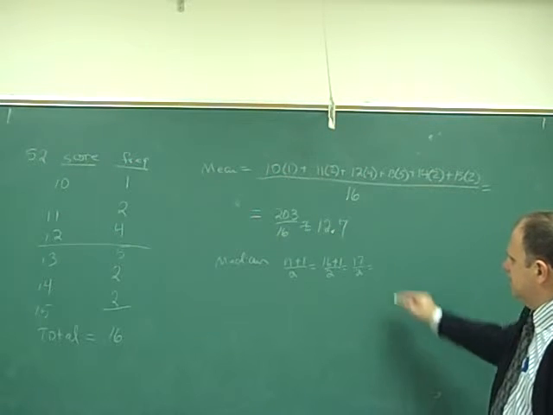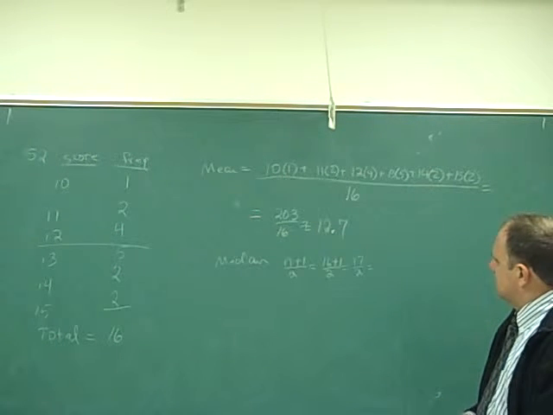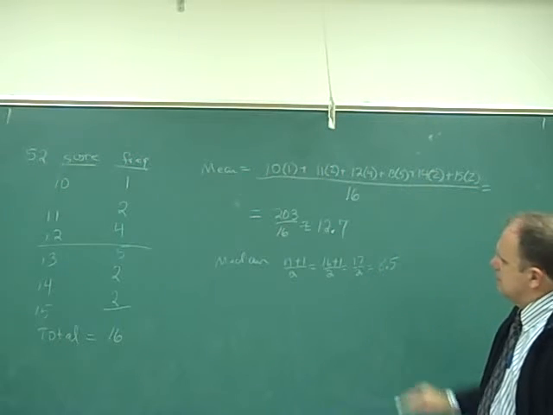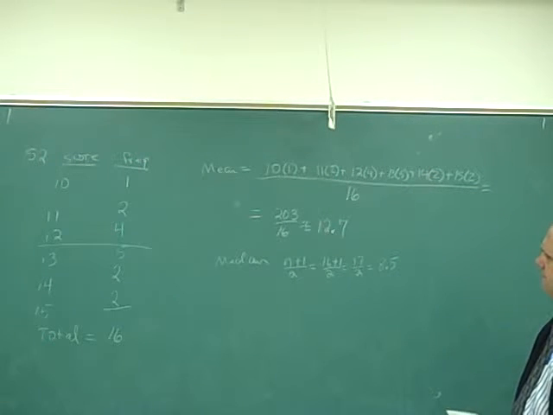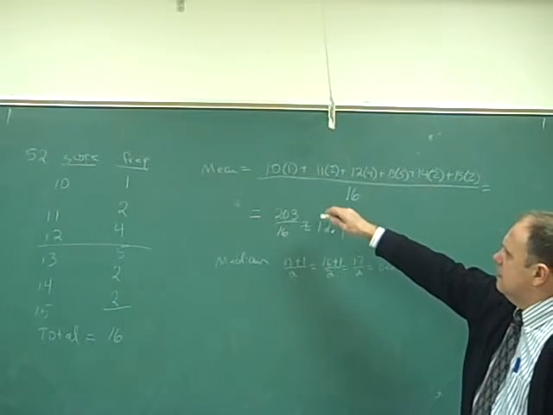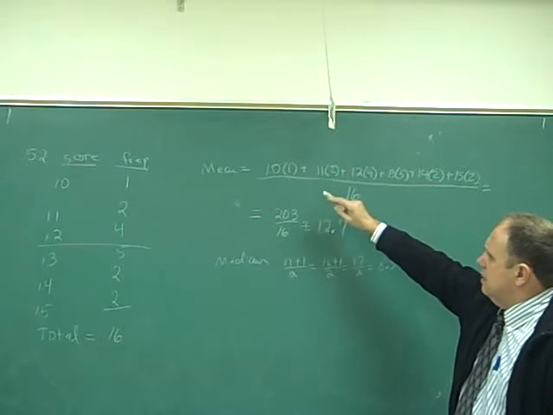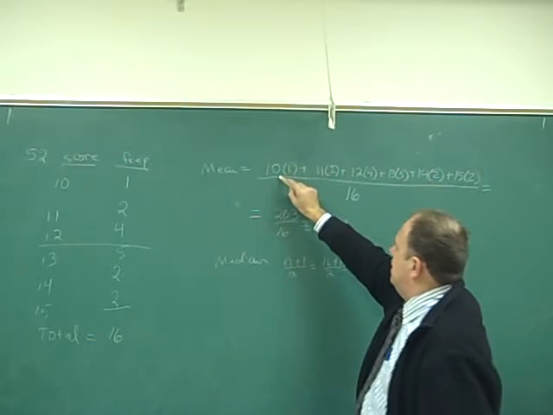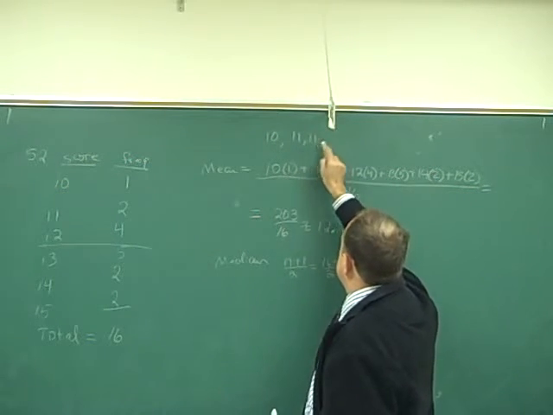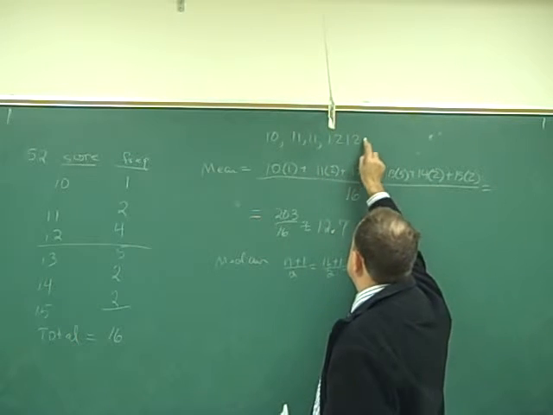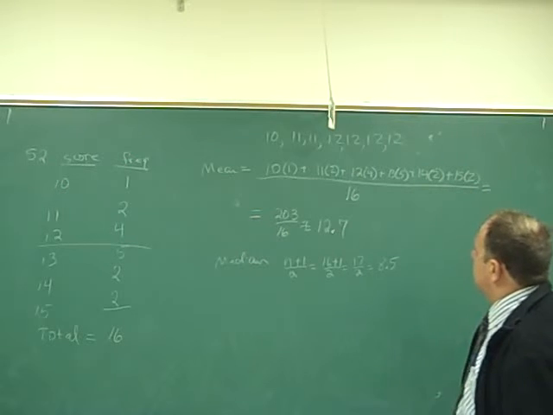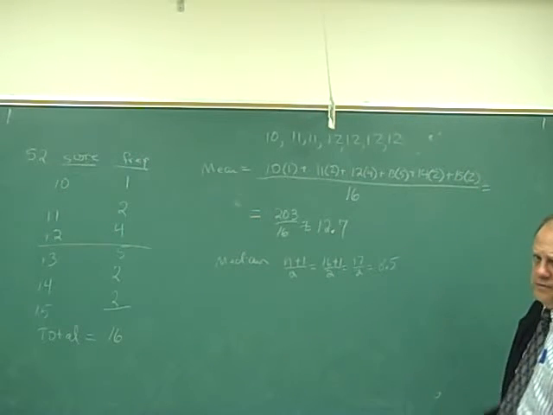And so we get 8.5. Alright? So that's just the quick version, right. Instead of writing out 10, and then 2 11s, and then 4 12s, and so on. 13, writing that out 5 times.